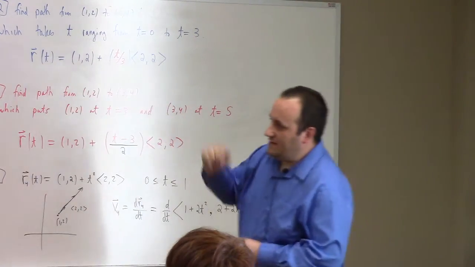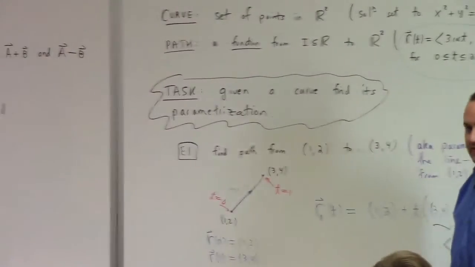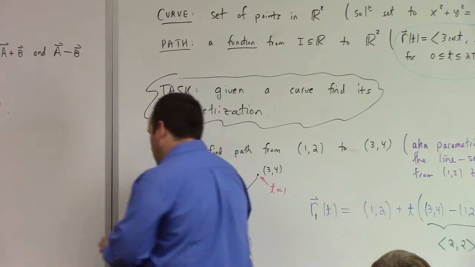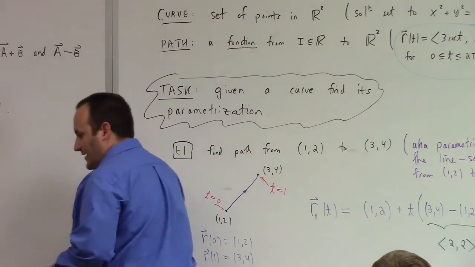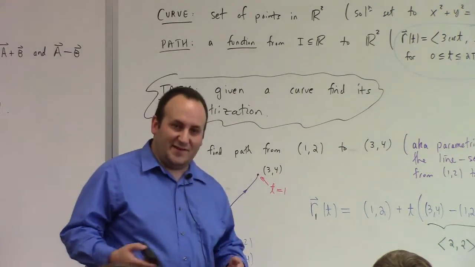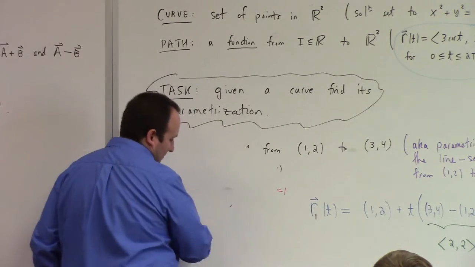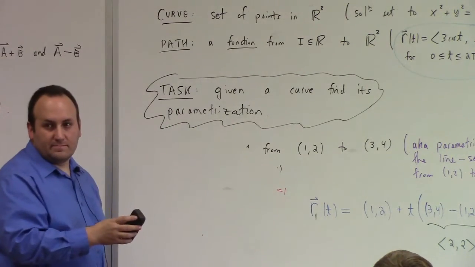So the task I stated at the beginning, given a curve, find its parameterization, is ambiguous. Usually, because I don't like grading infinitely many answers, I'll add some baggage, like find a parameterization as we usually do. Any questions before I erase?